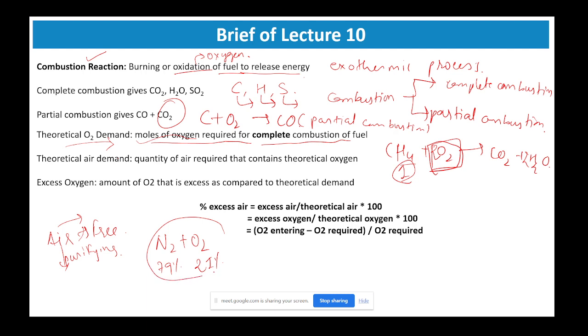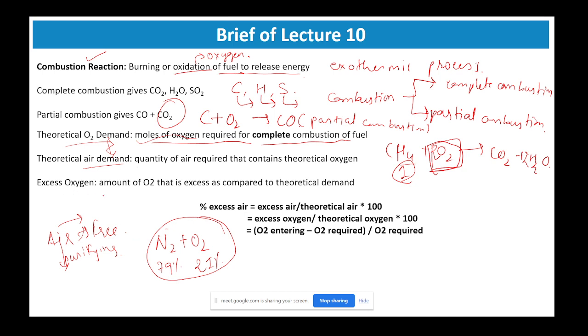So we feed air instead of pure oxygen. For the theoretical amount of oxygen, the quantity of air we get is nothing but the theoretical air demand. Now since the process is exothermic, we usually give air in excess.